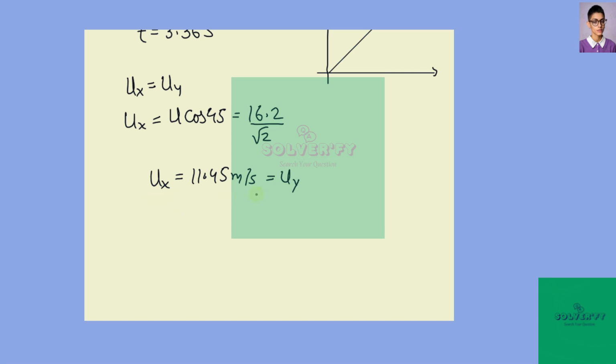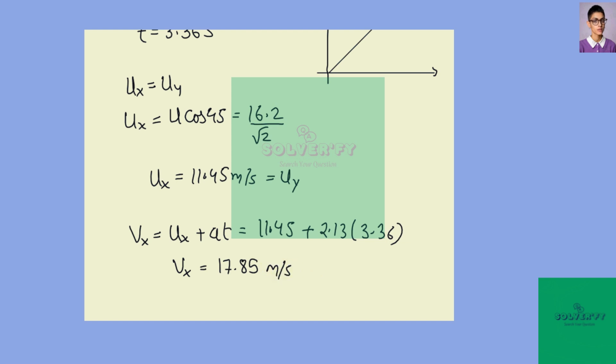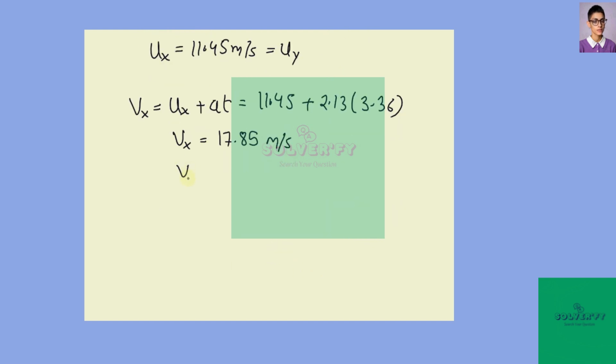With this information, Vx will be equal to ux plus at. If we plug in the values, this will be 11.45 plus a, which is 2.13, times time 3.36, and if we calculate this, Vx turns out to be 17.85 meters per second, and Vy is 11.45 meters per second.